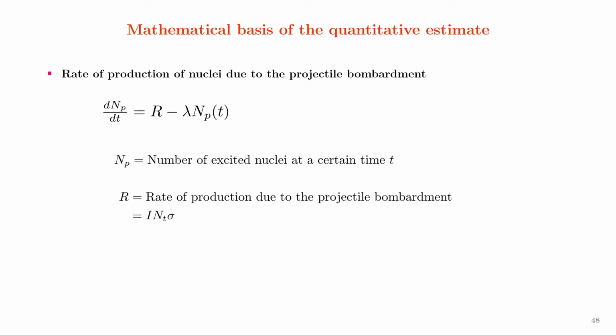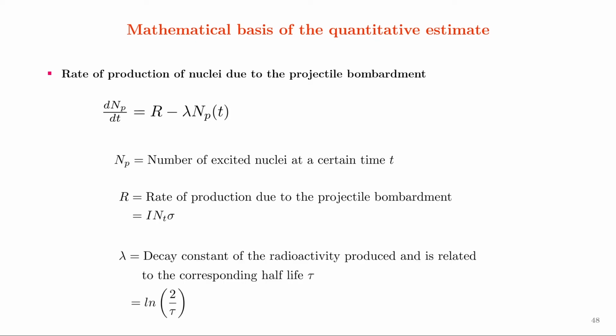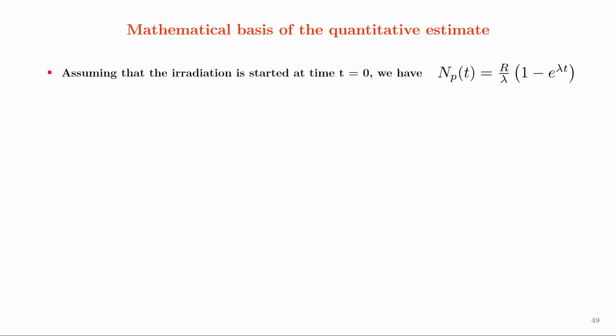R is the rate of production due to the projectile bombardment, which is equal to I times Nt times sigma, and lambda is the decay constant of the radioactivity produced and is related to the corresponding half-life tau as natural logarithm 2 over tau. Assuming that the irradiation is started at time t equal to 0, we have Np(t) equal to R over lambda times 1 minus e raised to minus lambda t.